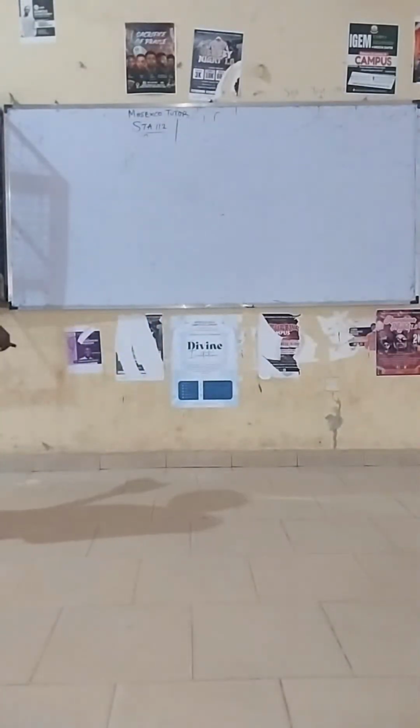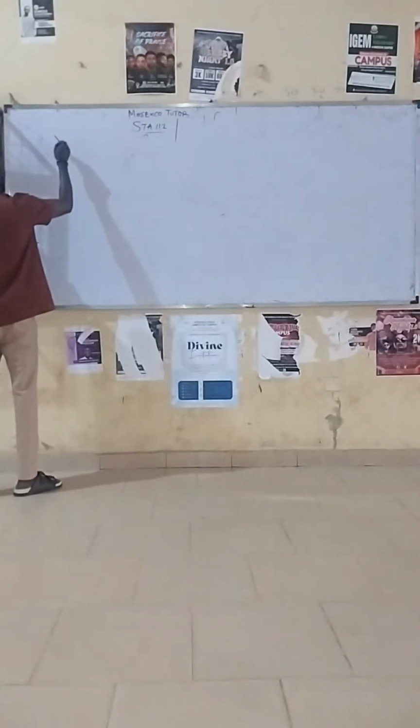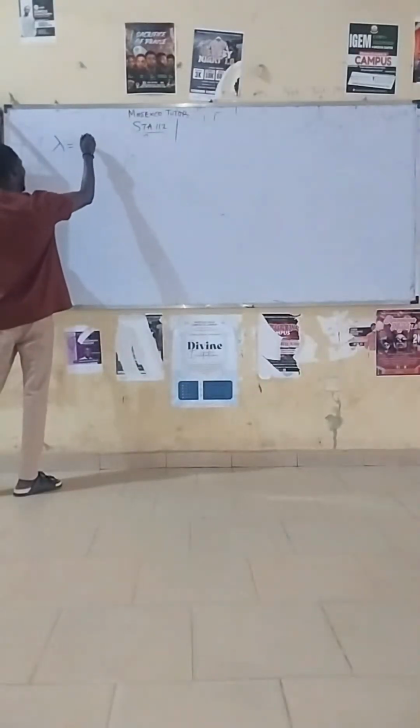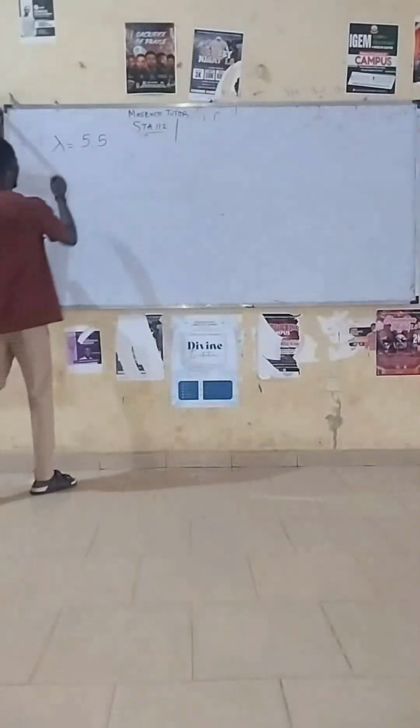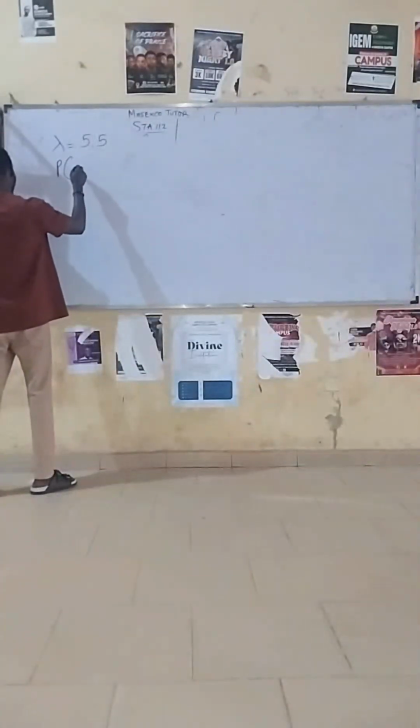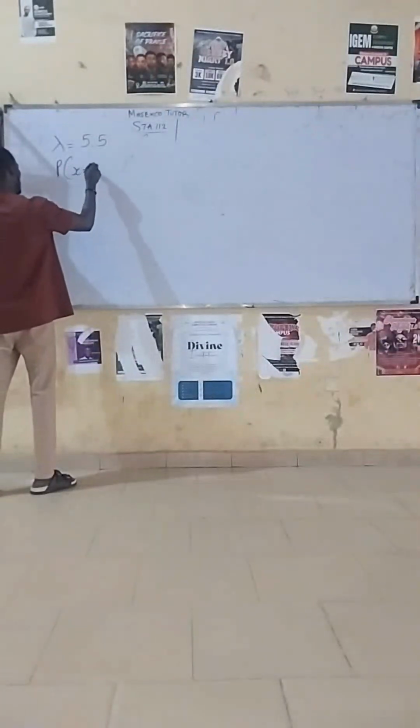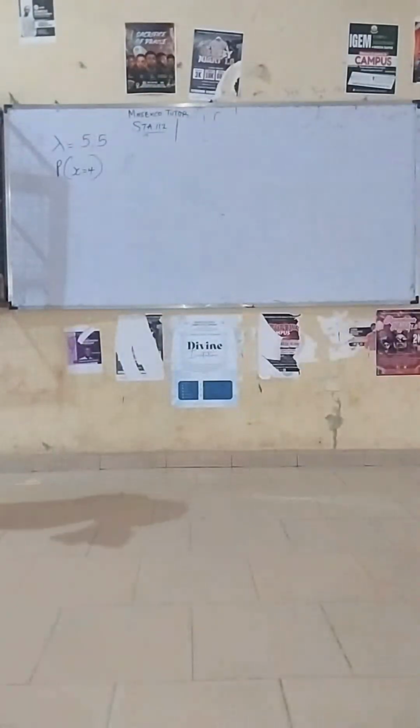The number of customers arriving at a shop per hour follows a Poisson distribution, where lambda equals 5.5. Now find the probability of exactly 4, when x equals 4. Find the probability that exactly 4 arrive.